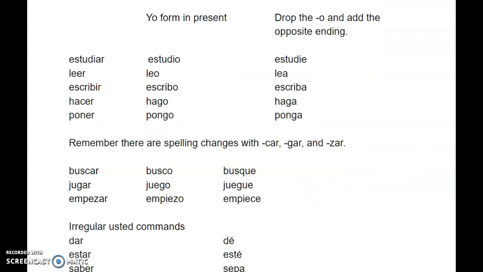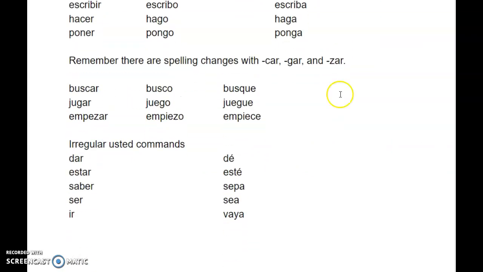Hopefully that sounds familiar to you. It's been a couple chapters. They do have some spelling changes. We talked about these. If your verb ends in CAR, GAR, or ZAR. So for example, buscar, the yo form is busco, but then when it comes time to add the different ending on, because I'm going to be adding an E since it's an AR verb, I have a spelling change that happens and I have busque.